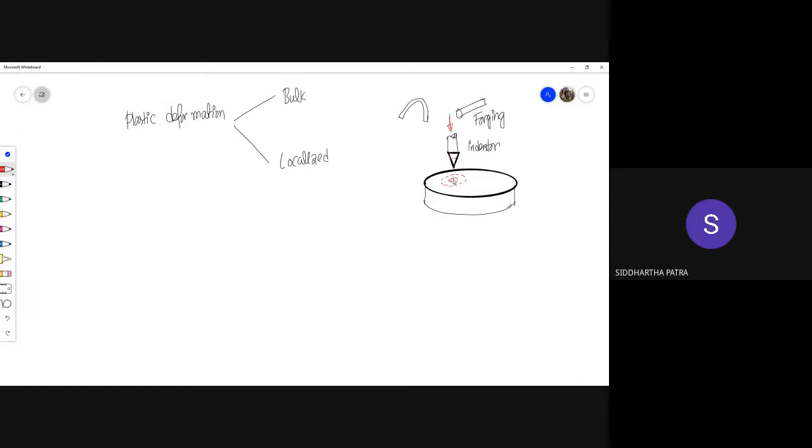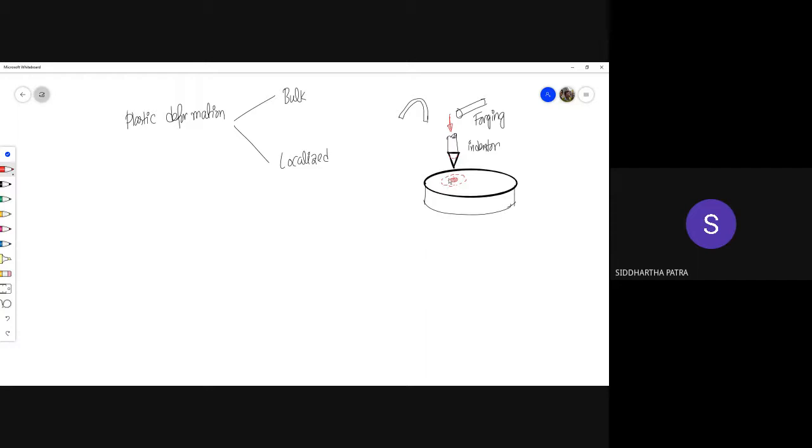You understand, right? I'm just creating a hole using that indenter in the specimen. So in that indentation and the region attached to it, there would be substantial plastic deformation.